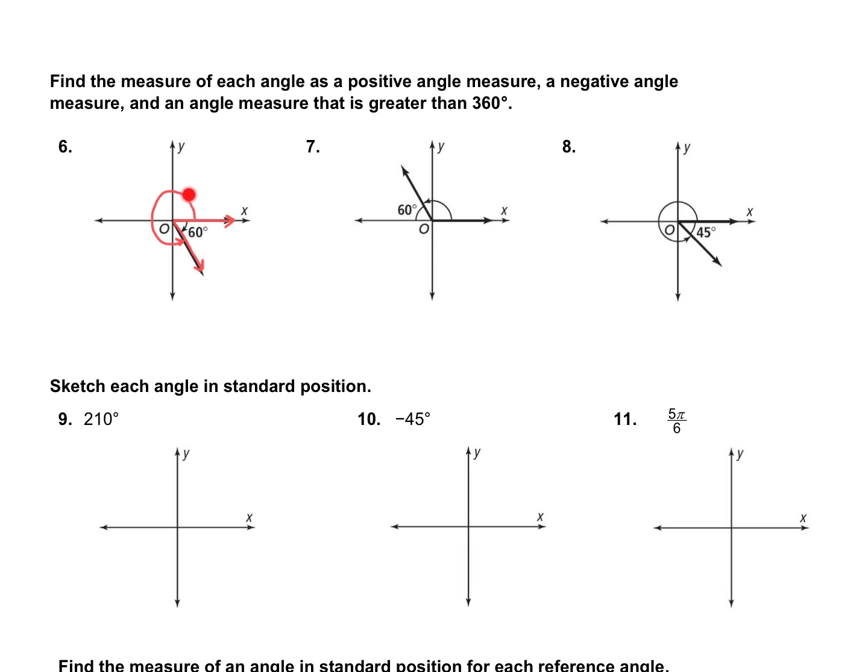Well, this is 90, 180, 270. If we got all the way back to where we started, that would be 360, one full rotation. So I know that this angle measure is going to be between 270 and 360. They did tell us this angle measure right here. This is our reference angle, the 60 degrees.